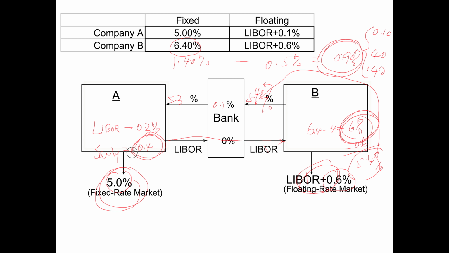Now for B, we already have 6% from the swap deal, fixed rate 6%. The market alternative is 6.4. So the saving is 0.4%. Add them together, plus also the bank's 10 basis points. You have 90 basis points.